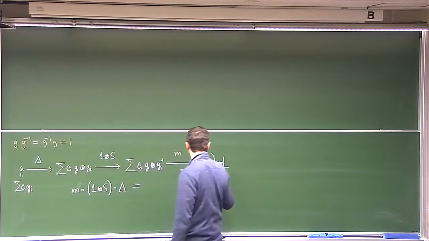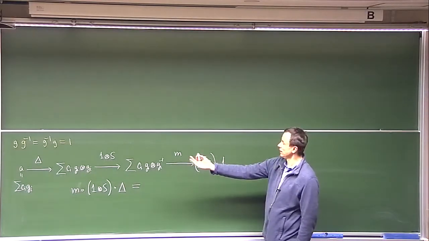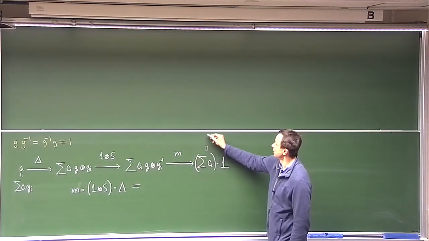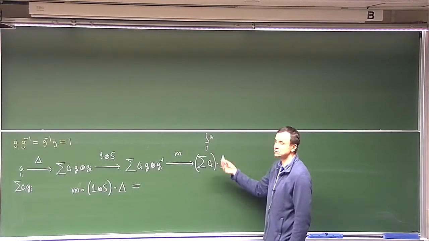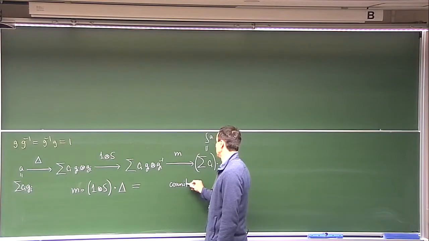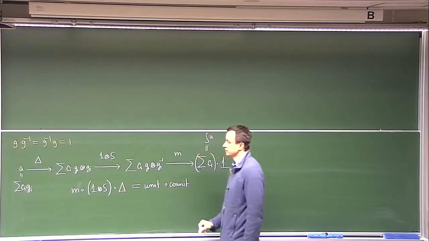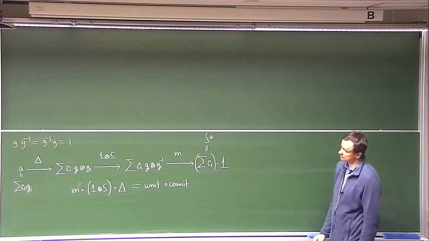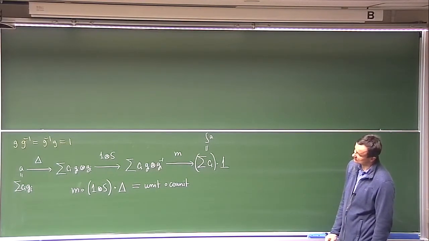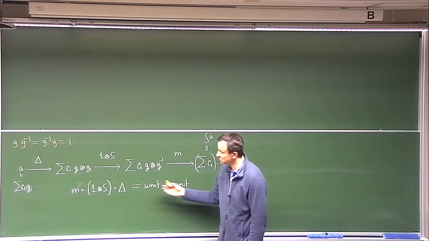So what is this expression? This is first a linear function of my element A. This is my integral of A. This is the co-unit composed with the unit.